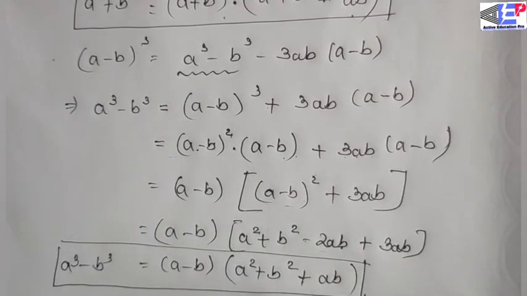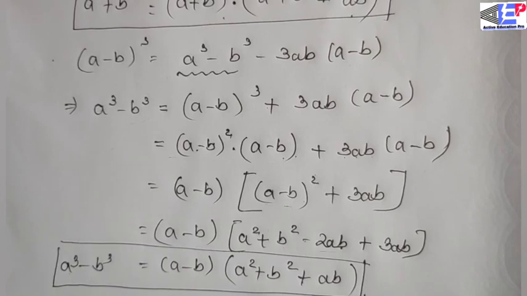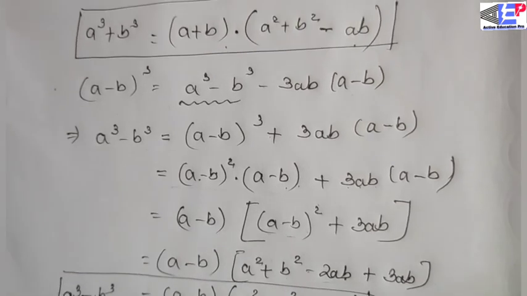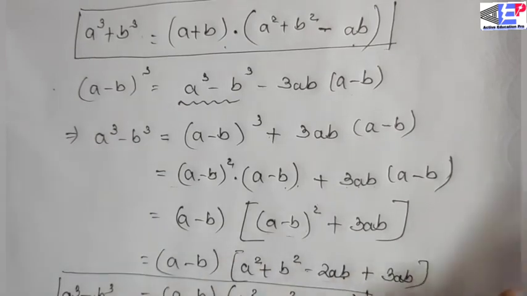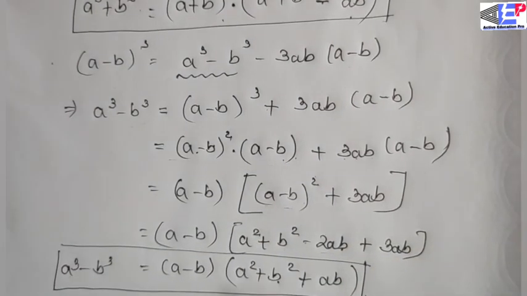In my last video, I told you about some formulas, some identities, which consist of terms. But in this video, we showed you the formula of a cube plus b cube and a cube minus b cube, which consist of factors.